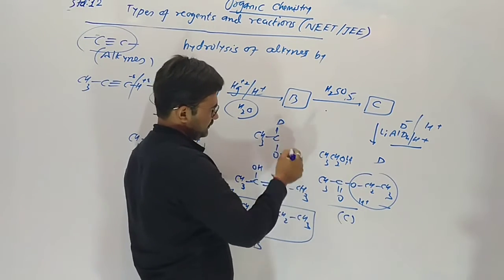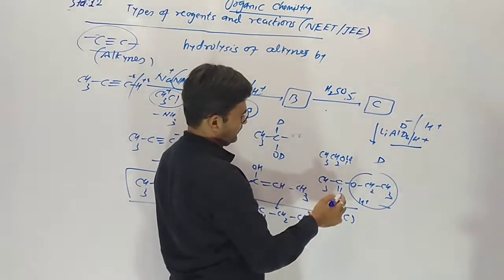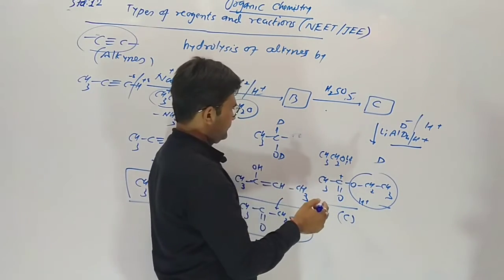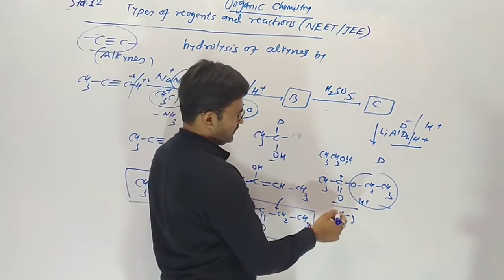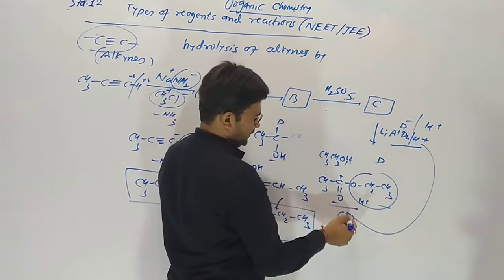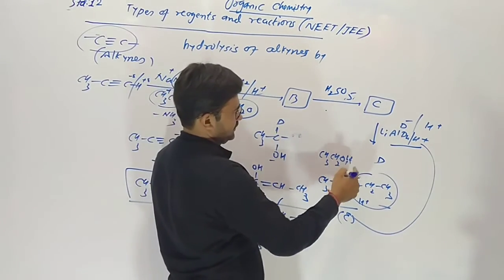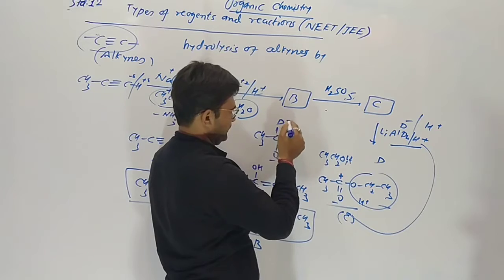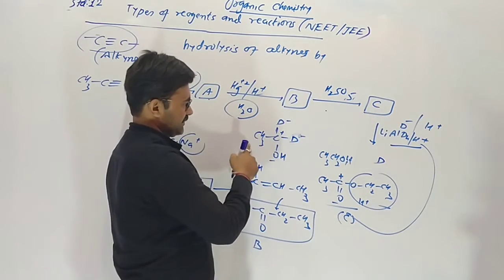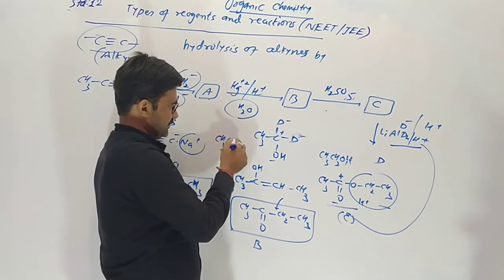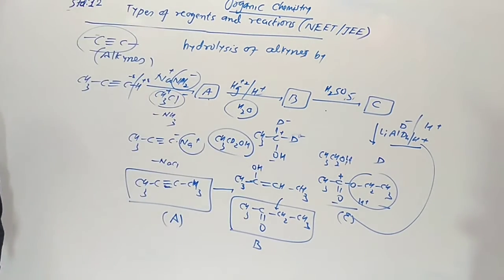Here also D. Here is D. No, here is H. Here is H, O minus. It attacks H plus. D minus here. Here is D minus. So CH3CD2OH is our final product.